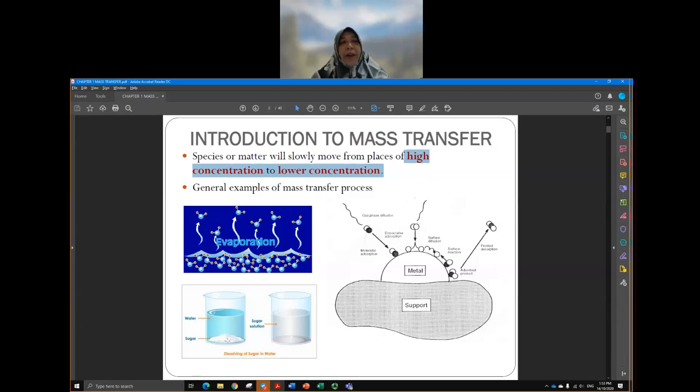But after a few minutes or maybe a few hours, you have a sugar solution. Why does it happen? It happens due to the higher concentration of sugar at the bottom of the cup, and it moves to the water because you have a lower concentration of sugar in the water. This is how you can describe and give examples of mass transfer.